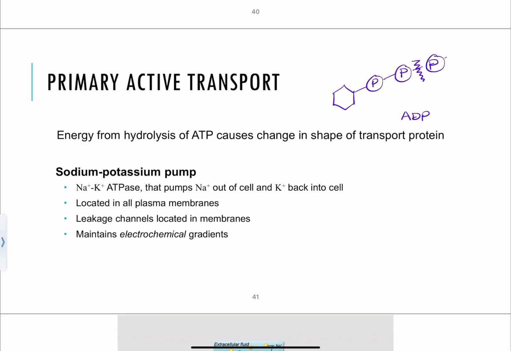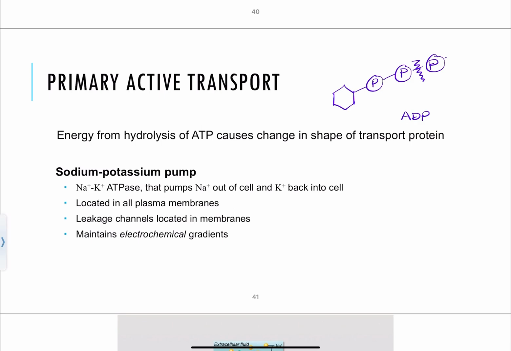The most important example that you're going to see again several times in AMP1 and then again several times in AMP2 is the sodium-potassium pump. It's really, really important. It pumps 3 sodium out of the cell for every 2 potassium that it pumps into the cell. And it's in all plasma membranes of every cell. Why do we need a pump to pump 3 sodiums out and 2 potassiums back in?